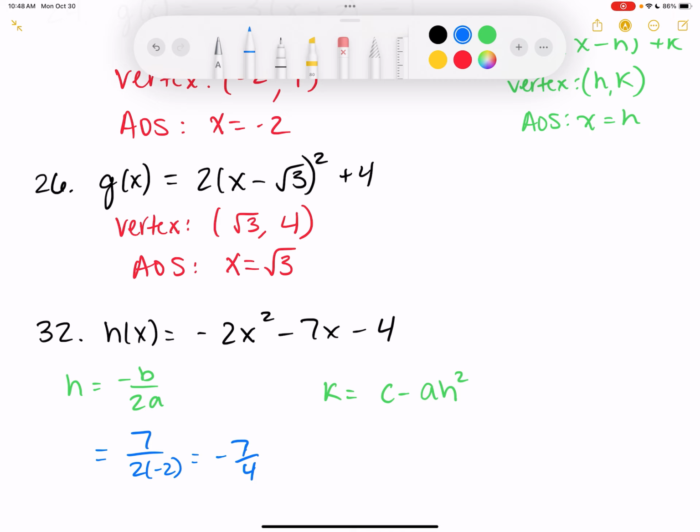And then once I have that, now I can find k. So this is going to be c, which is negative 4, minus negative 2 times negative 7 over 4 squared. Remember this negative 7 over 4 being squared is going to become positive. So that's going to end up being 49 over 16 times 2.